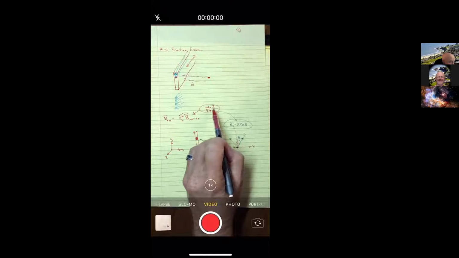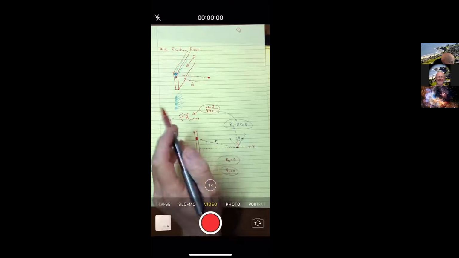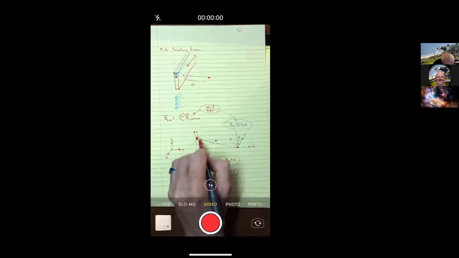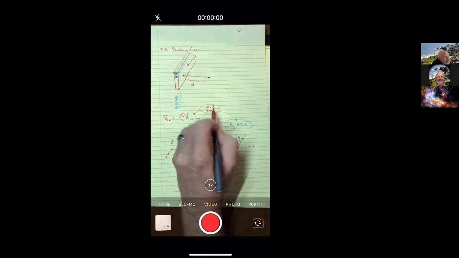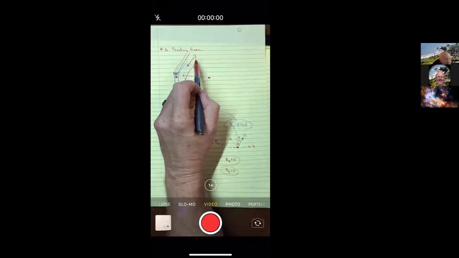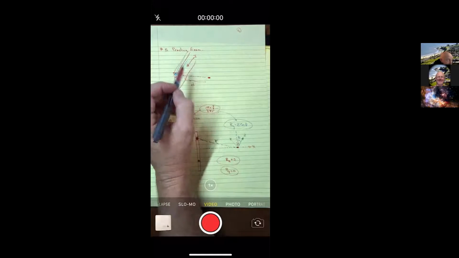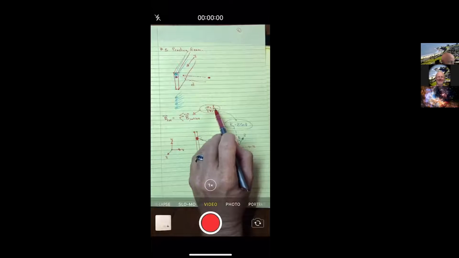This little I here, of course, means the current in this wire right here. Don't confuse it with the I that was given in the problem. The I given in the problem is the entire current within the sheet. And that's not what I'm talking about here. I'm talking about a little partial piece of the whole current.